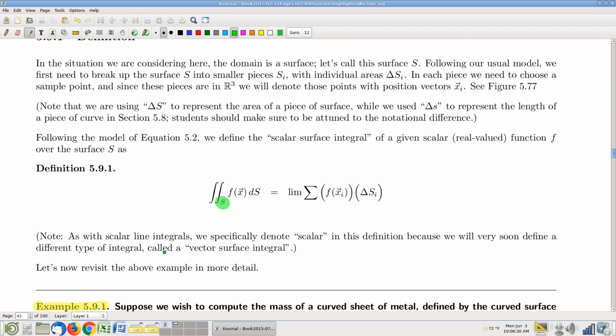And as we have for many other kinds of integrals, we'll indicate what the domain is with a subscript. Okay, so when you see this notation, your thought should be, look, chop it up, add it up. I'm not chopping up, adding it up on an interval or a two-dimensional region in the plane or a solid in space. I'm doing a chop it up, add it up over a surface that's sitting inside of space.